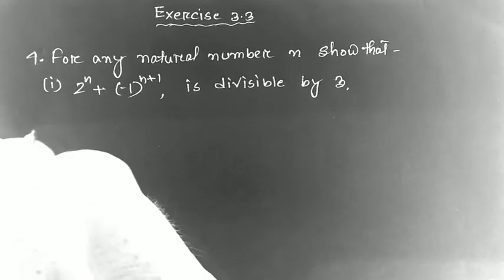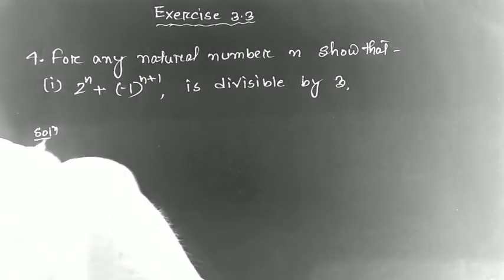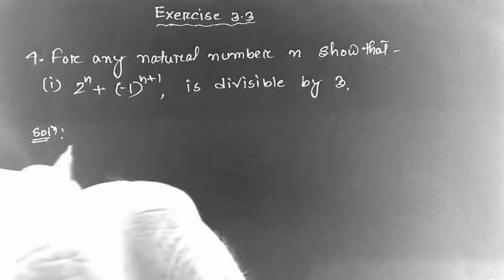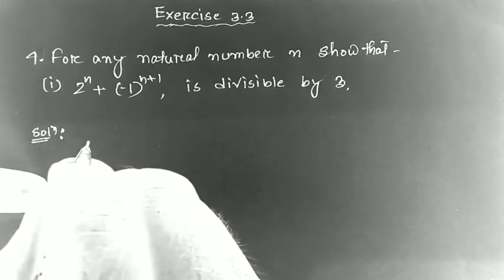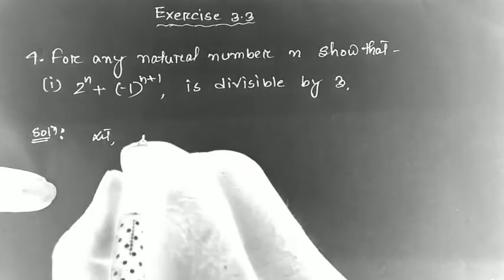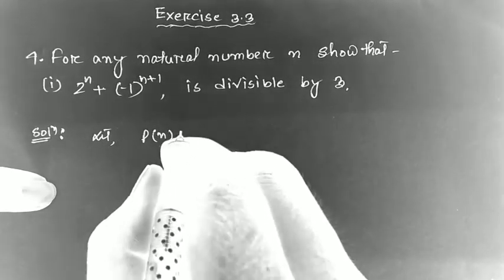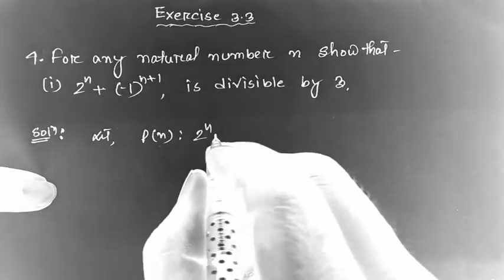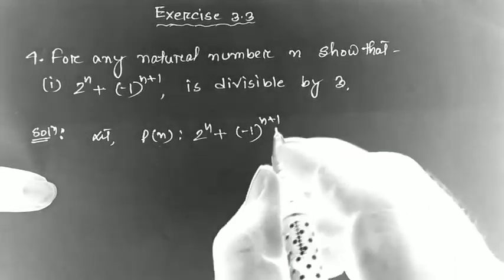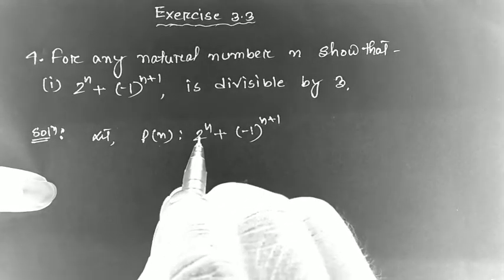First of all we assume this expression as Pn, as we consider in the method of mathematical induction. So suppose Pn is 2 to the power n plus (-1) to the power n+1.